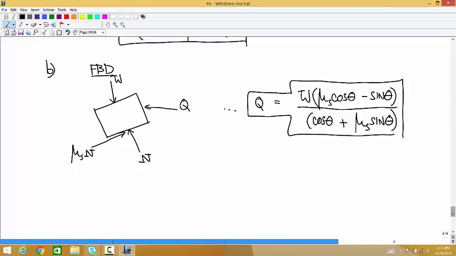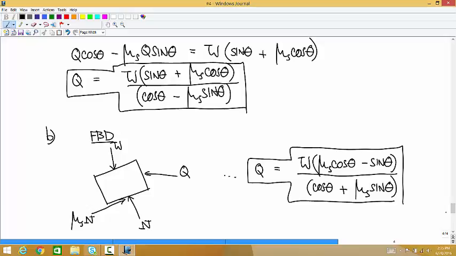Okay, so let's look at these two formulas and just make sure. We expect this Q value to be bigger than this one. Well, notice that on this one, the numerator is bigger going up than it is going down. And the denominator going up is smaller than going down.